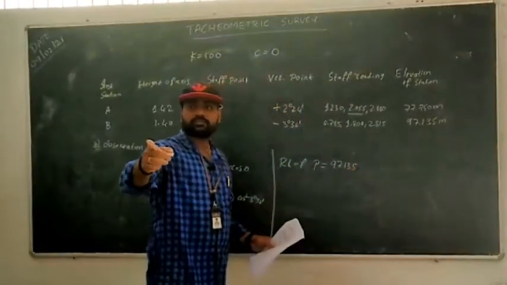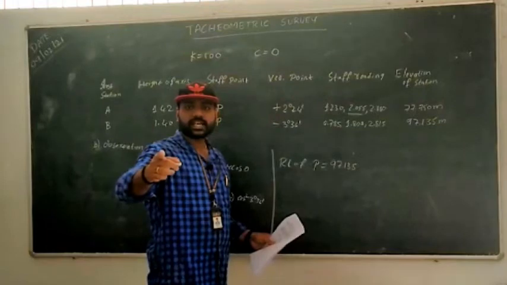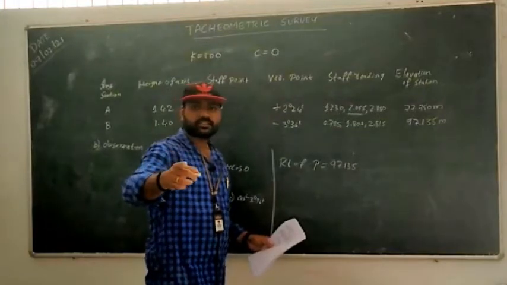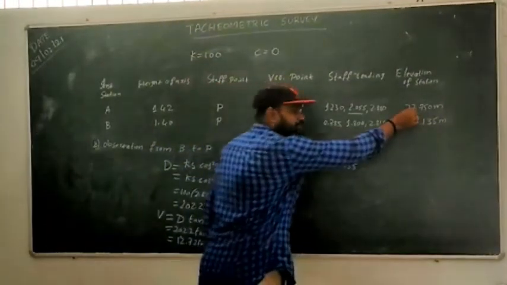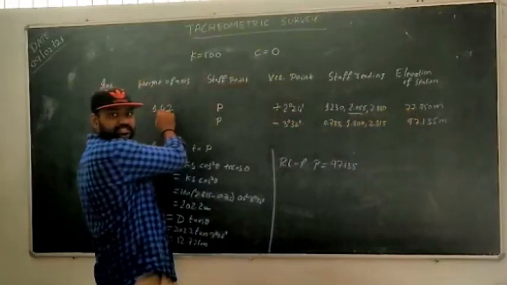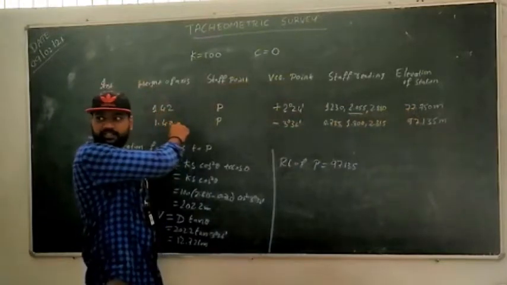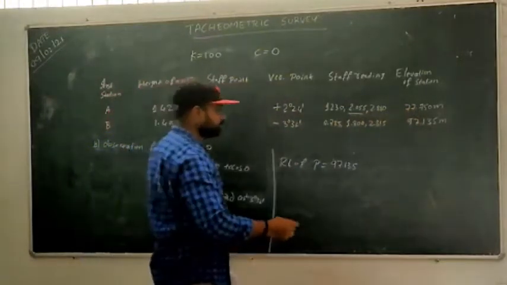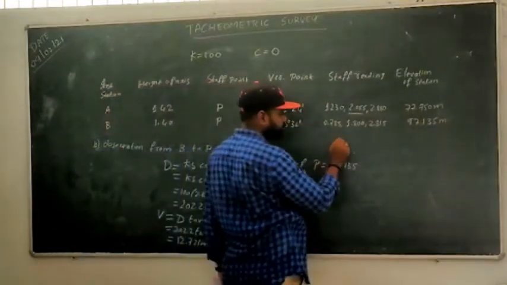Now in the previous one, we missed something. What is that? While calculating RL, first you take the benchmark, then plus H. This one you have missed. Please do the correction. So in the previous one, what you have done?